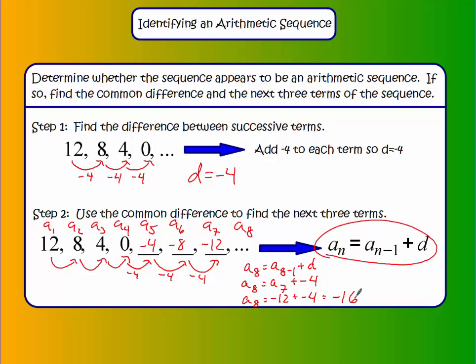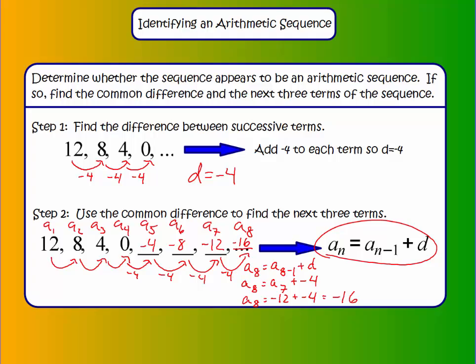So a sub 8, as you may have already guessed, is negative 16. And that's true. If this holds to my pattern, that would be another minus 4. So that's how you can use the equation if you wanted to. You obviously don't need to, but you could use the equation to figure out what the next three terms were.